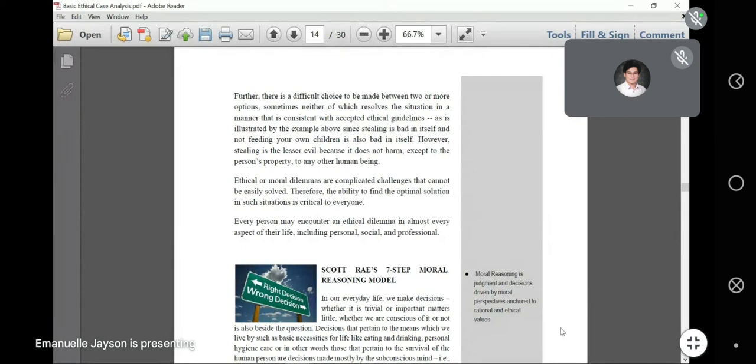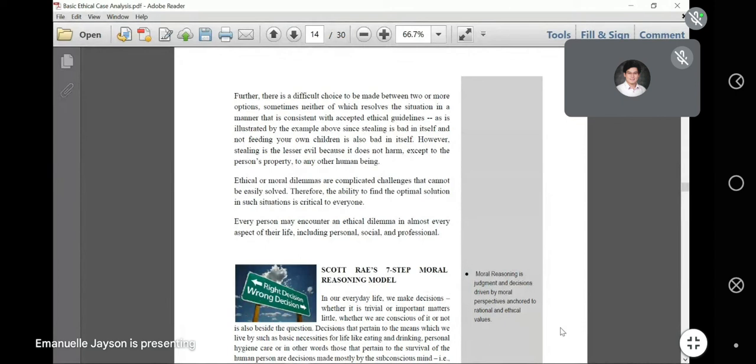So, galing ka pa ng duty. So, this certain type of cases, ethical moral dilemma na parang it will really surprise you how far can an ethical or immoral agent can go further.